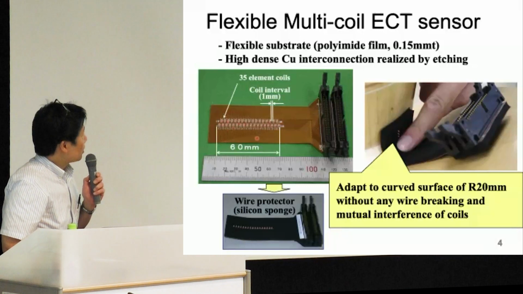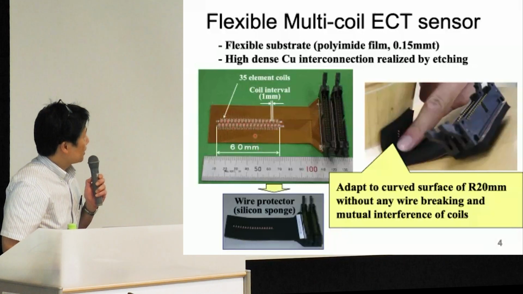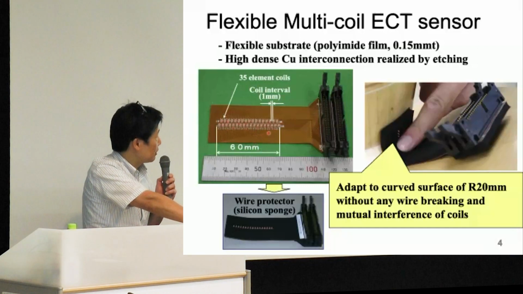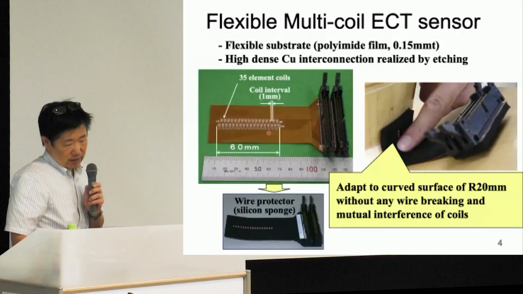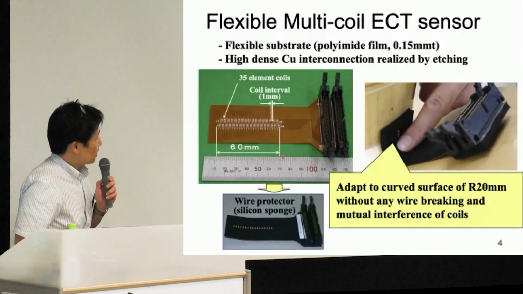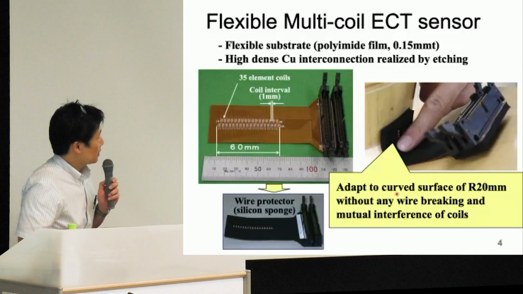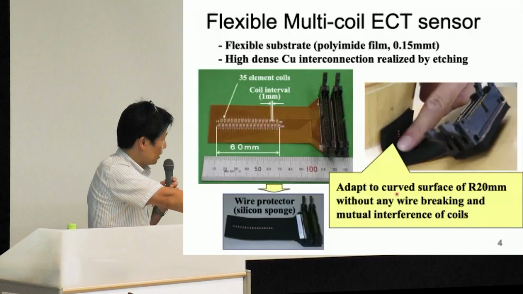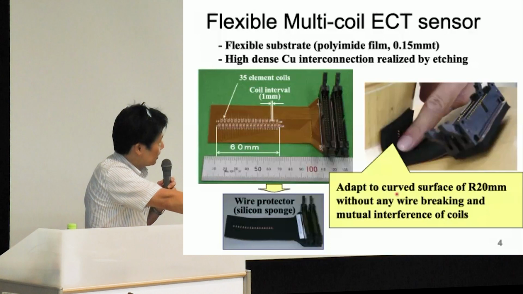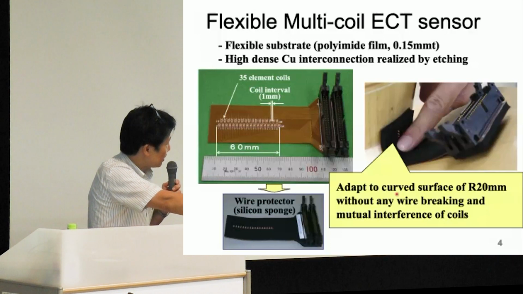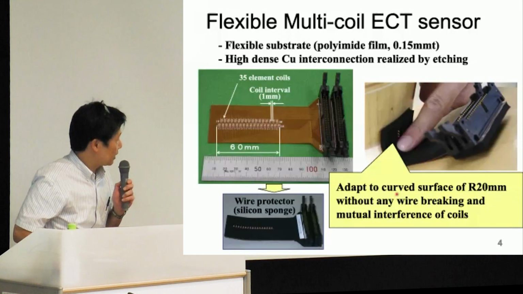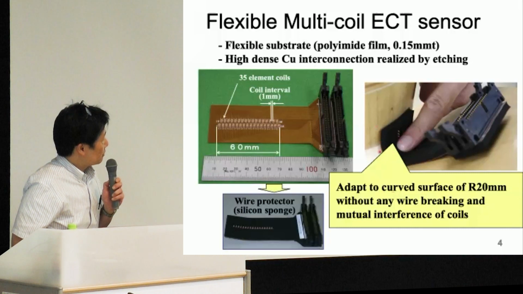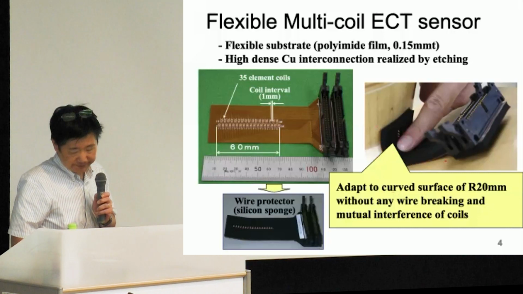But objective of this array are a little bit different from ultrasonic phased array sensor. And this sensor can adapt a curved surface of curved radius of 20 millimeter without any wire breaking. So we can apply this sensor to the weld part like this.